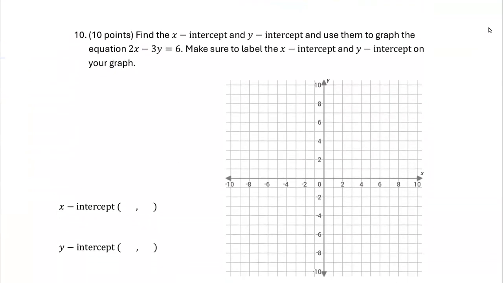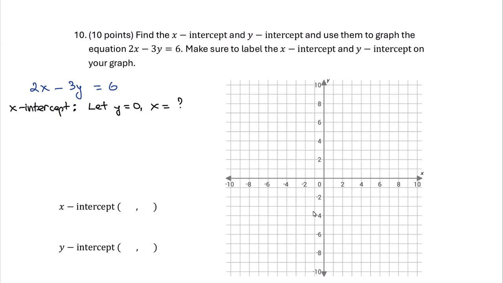Lastly, number 10. You're going to find the x-intercept and the y-intercept for the equation 2x minus 3y equals 6. So let me write on here. To find the x-intercept, you're going to let y equal 0, and you're going to find out what x is, right?